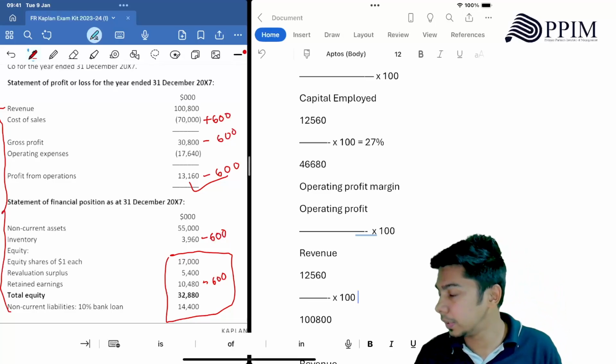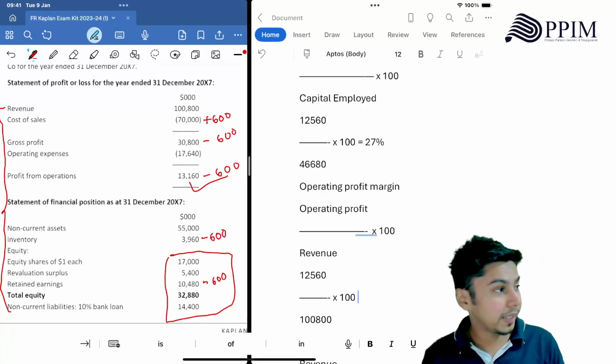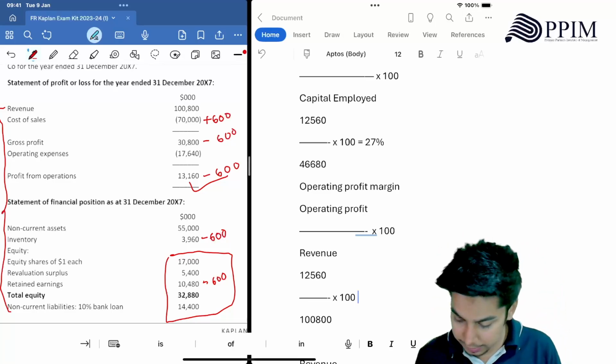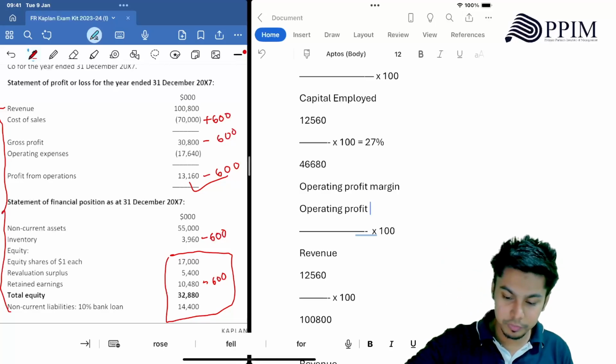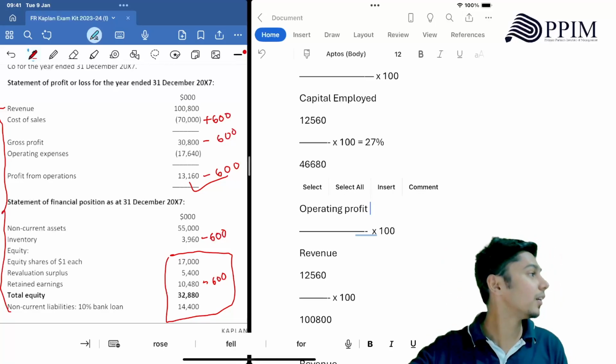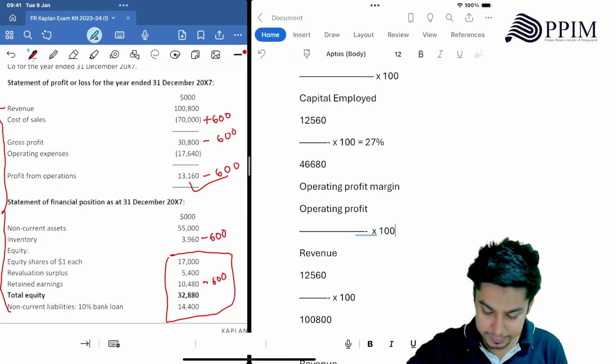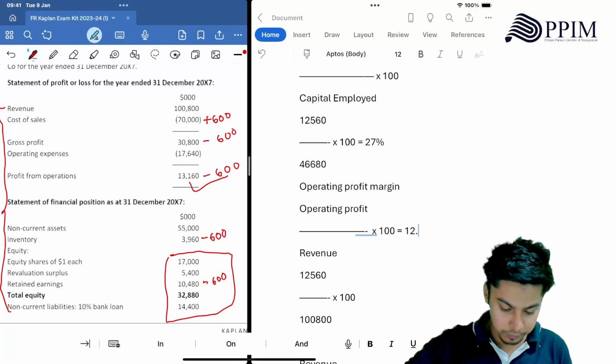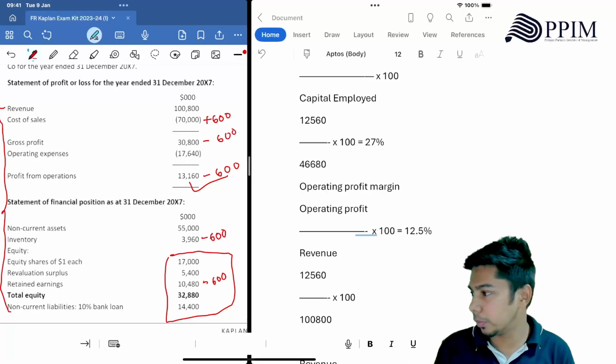Now should be fine. So operating profit, I'm getting the answer as 12.5%. Is that correct? 12.5% should be the correct answer. 13 can, no problem. You can round it off and take.